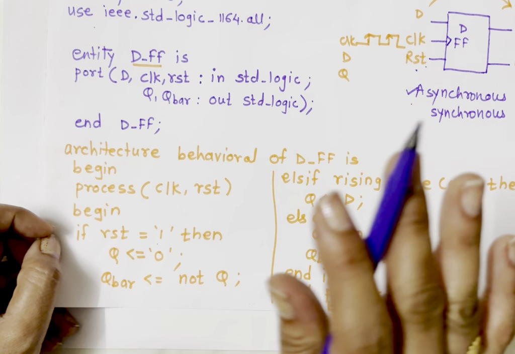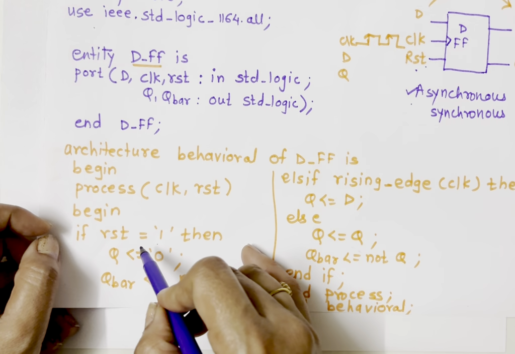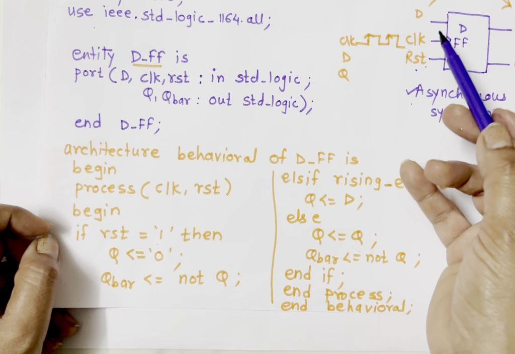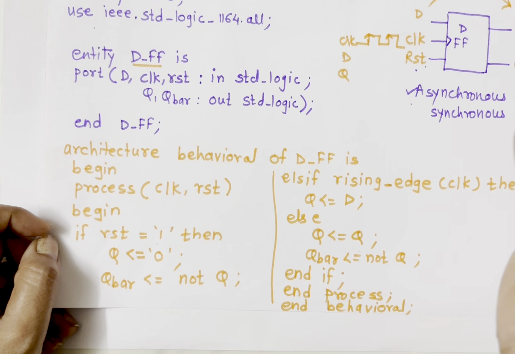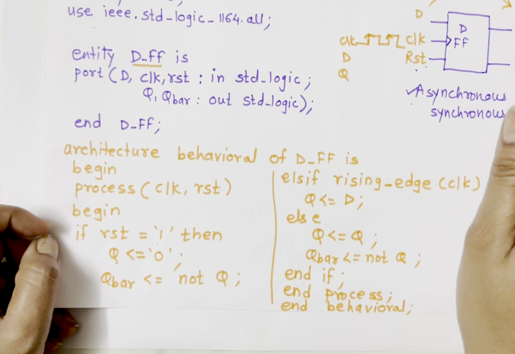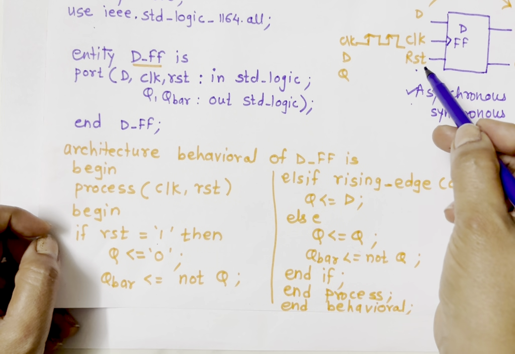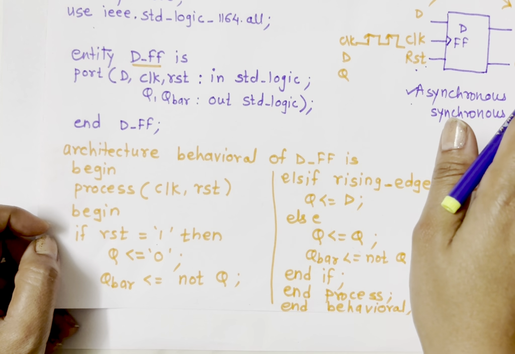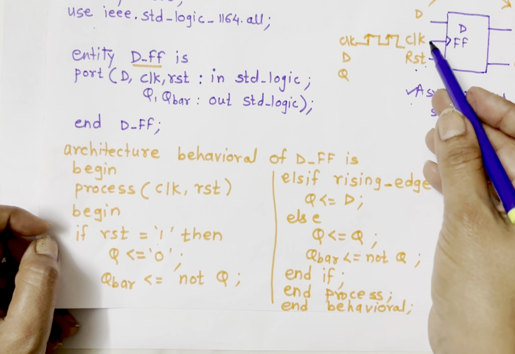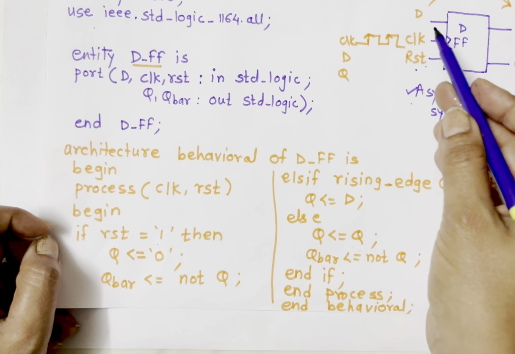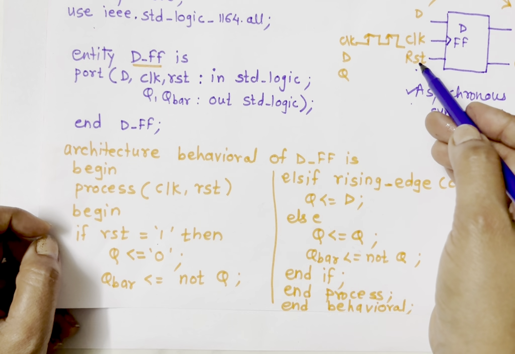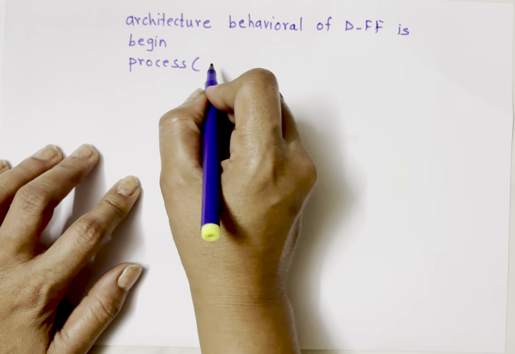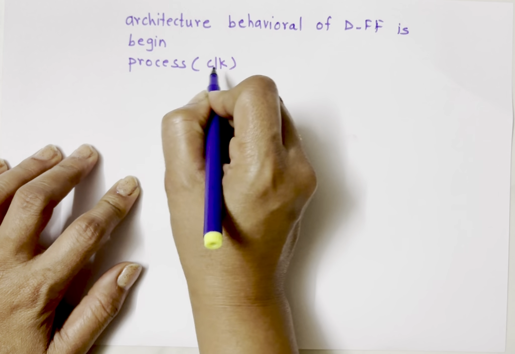But in case of synchronous reset, even if reset becomes 1, until and unless the rising edge of clock comes, output will not change. So even if reset becomes 1, my output will not become 0 because it will wait for clock. So the process is sensitive to clock, not to reset. So here the change is the process is sensitive to clock.